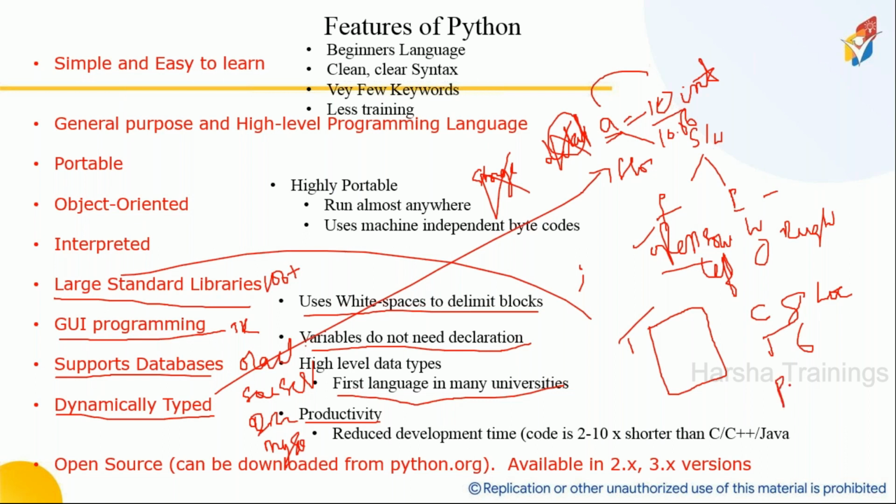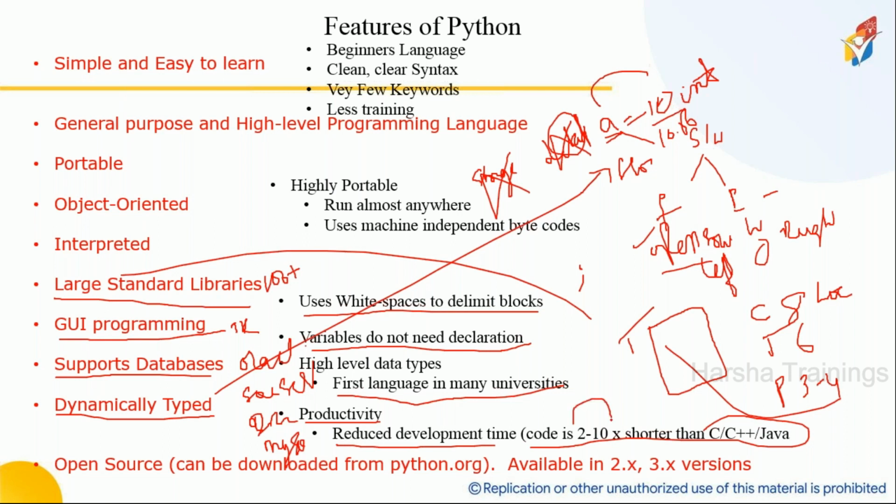The same task in Python I can implement with just 3 to 4 lines. That is the beauty of Python. Code is 2 to 10 times shorter than C++ and Java. That means any task can be implemented with very minimal lines of code in Python, so I will call it reduced development time, ranging from 2 to 10 times.